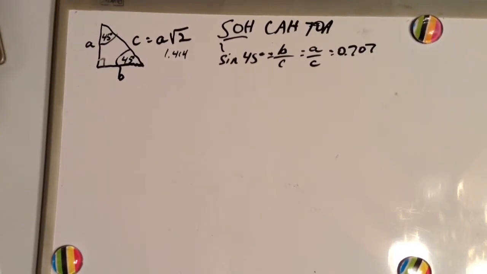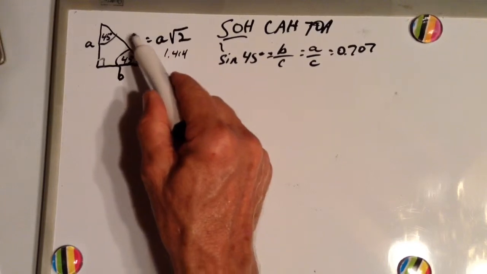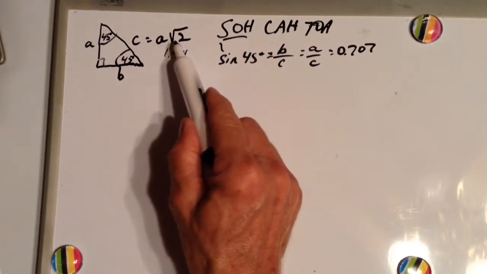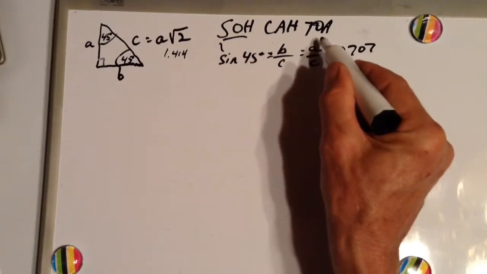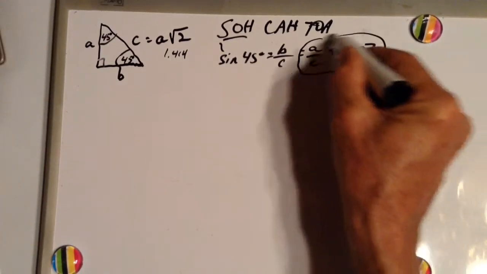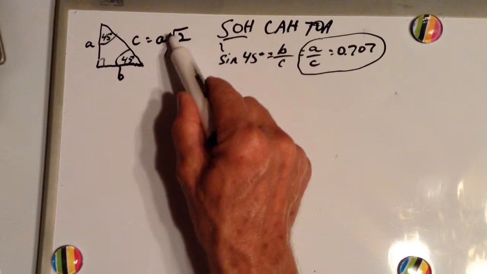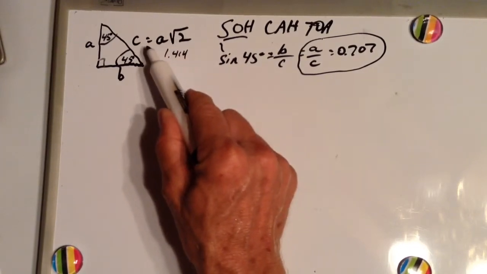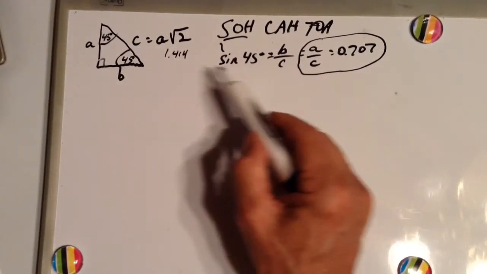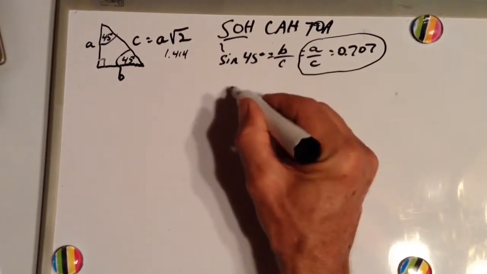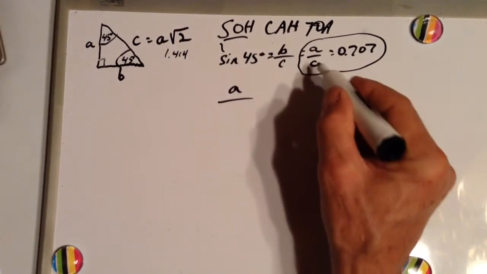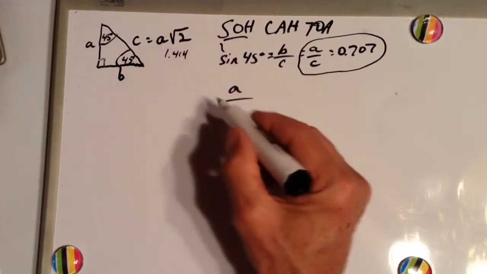We use Pythagoras' theorem to tell us that the length of the hypotenuse is equal to the length of a leg times the square root of 2. So if we just take this part of this equation and we replace C with A times the square root of 2, because that's what C is equal to, we'll just write A over, instead of writing C, we'll write what C is.